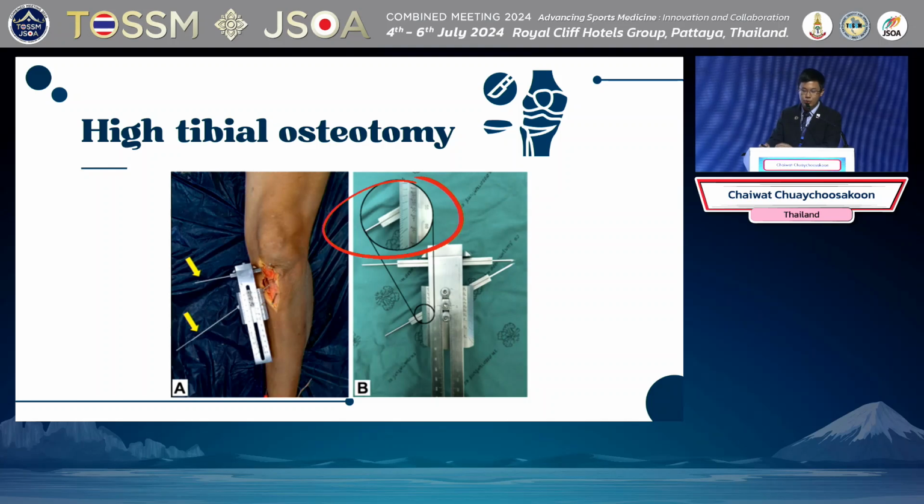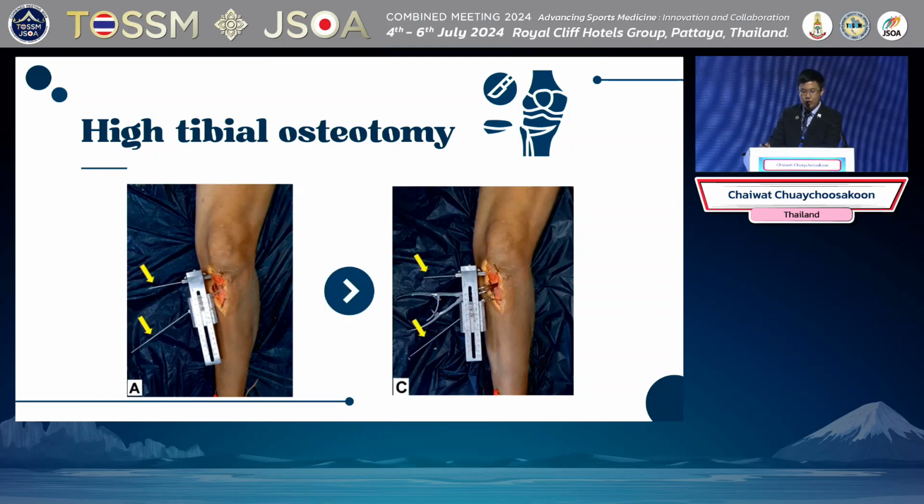After you cut the bone in the osteotomy, you insert 2 K-wires. First, you use this device to measure the angle of these 2 K-wires. After that, you open the gap, and again you measure these 2 K-wires. The change in angle of these 2 K-wires is the degree of alignment correction.